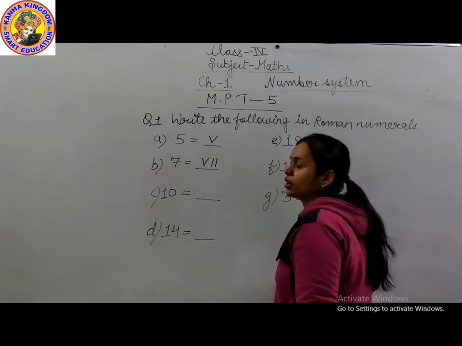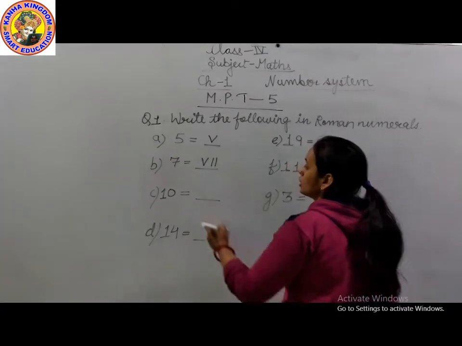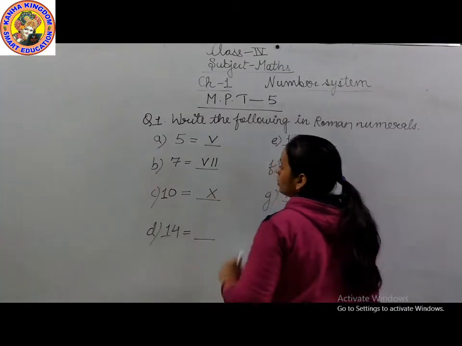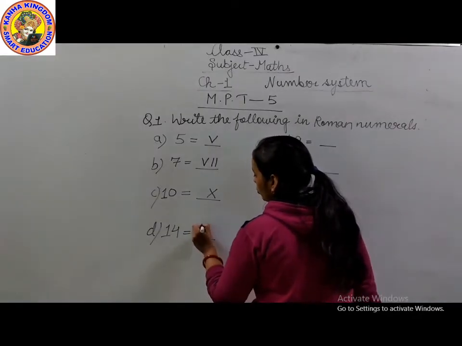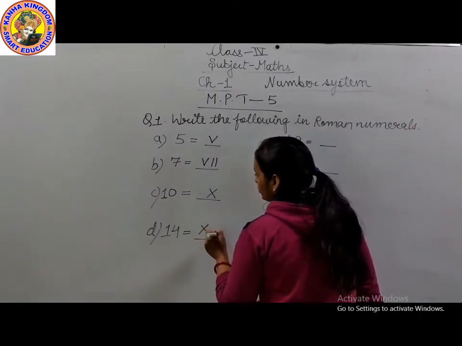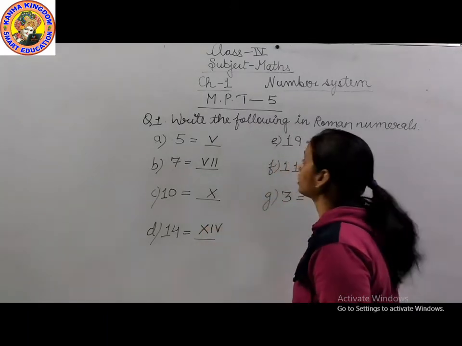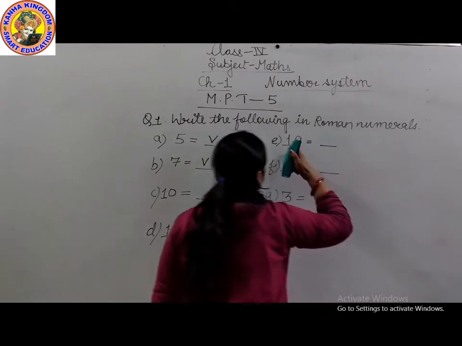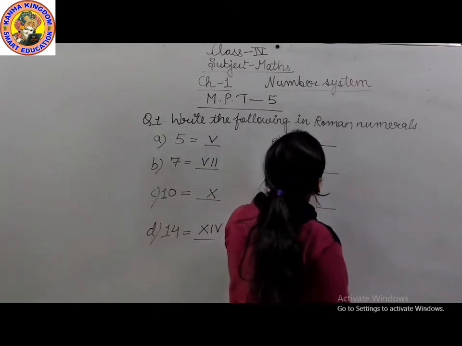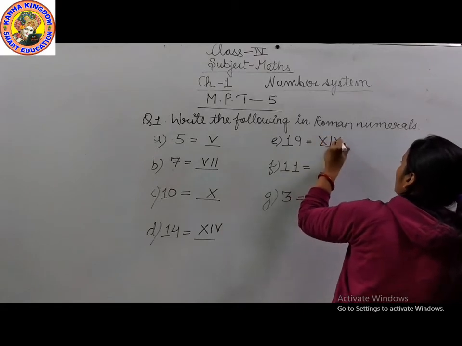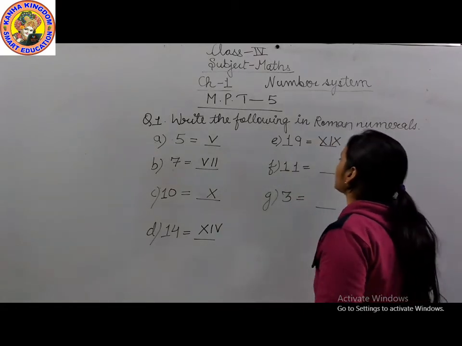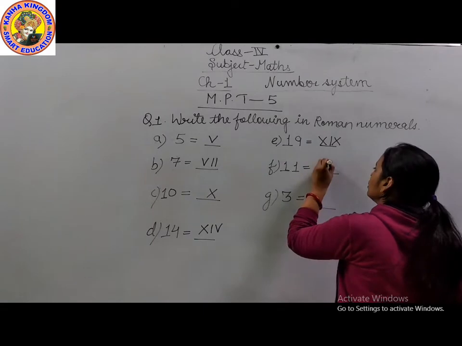Write 7 in Roman numerals. Then 10. Then 14. So X. Now 19. So we write 19 like this, X I X. Now 11.